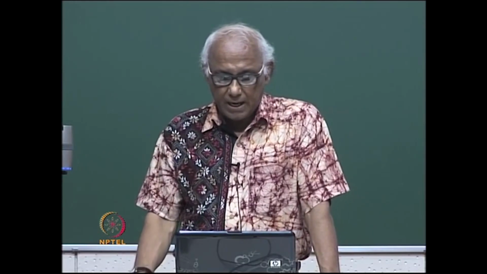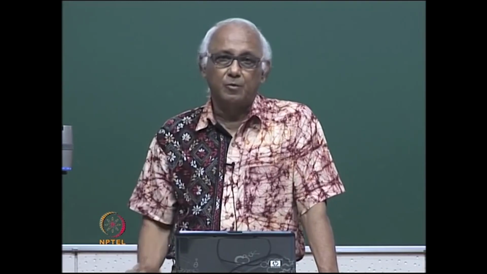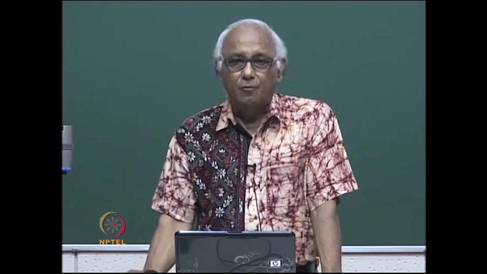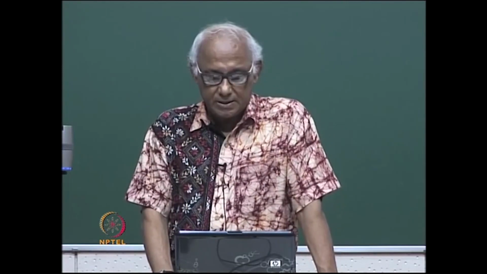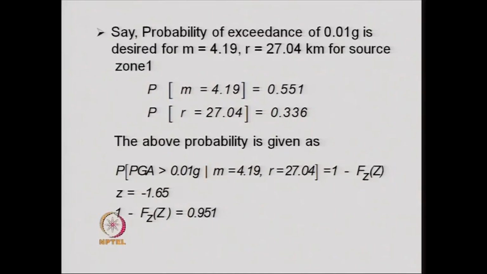So for that, the probability of occurrence is equal to 0.551. Similarly, the probability of occurrence of the epicentral distance of 27.04, again 27.04 is the center of the first interval of the epicentral distance that we computed for source zone 1, and that was computed as 0.336.